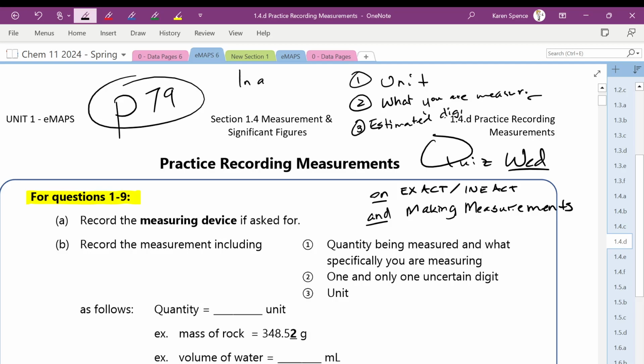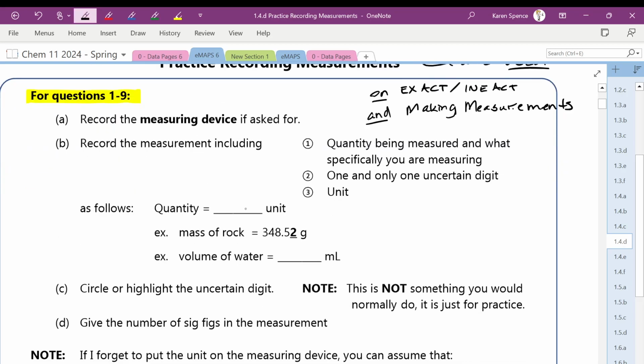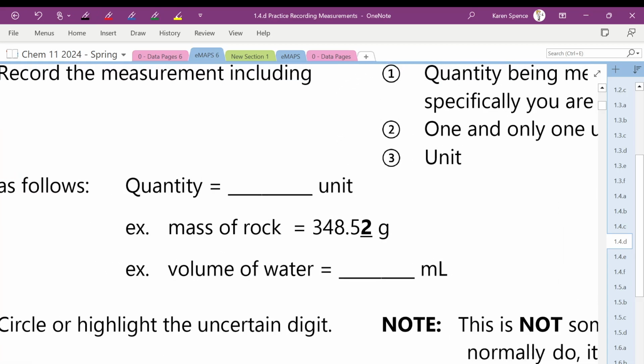So this is just going to be a little bit of practice. Okay, so you're going to write it as quantity equals blank unit. Now, you're not going to write quantity, you're going to pick the correct quantity. If you are using a balance, what do balances measure? A balance measures mass.